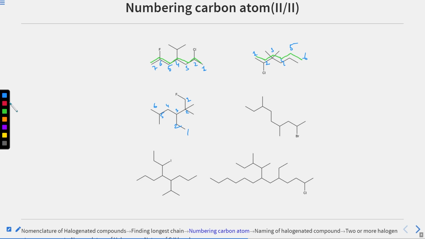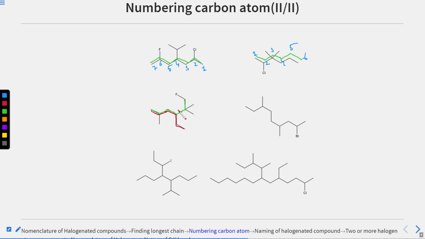Now these 2 chains are possible. I have mentioned it earlier also. So the first chain is this one and the second chain is this one, which is going from here to here. Now which will we number, this one or this one? Now I have told you earlier that we will number that chain in which substituents come first.